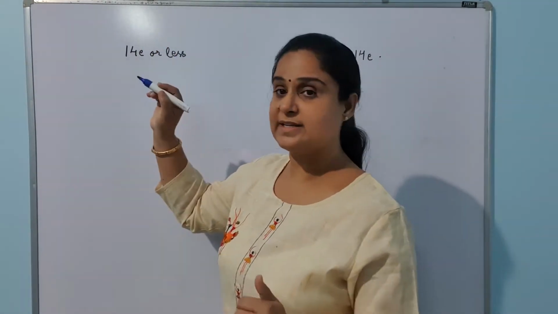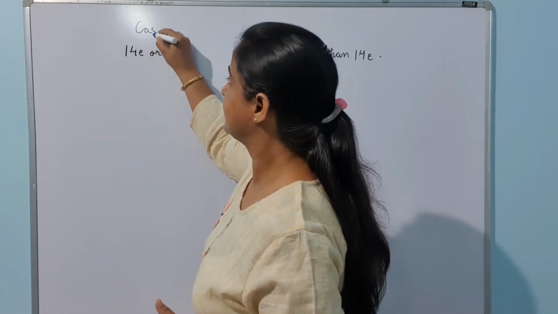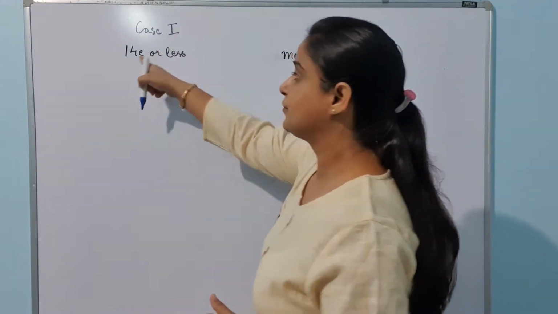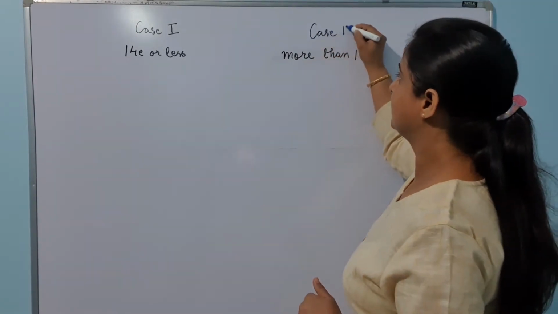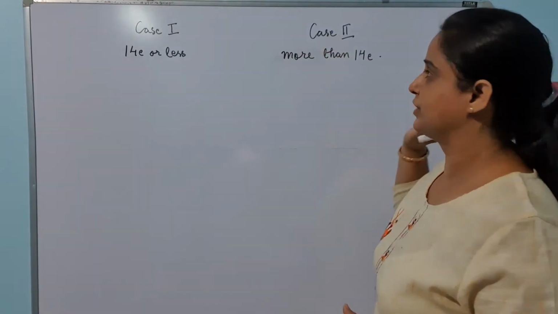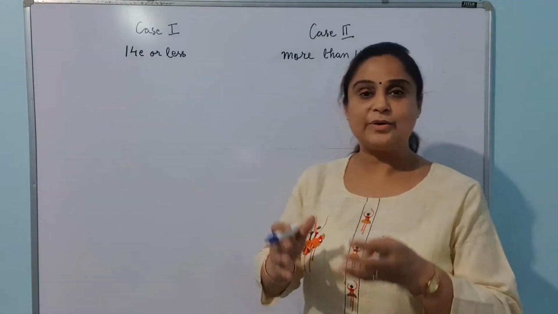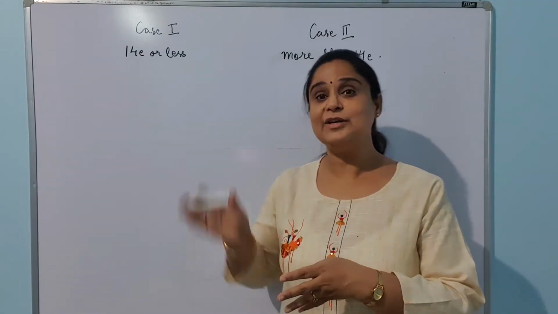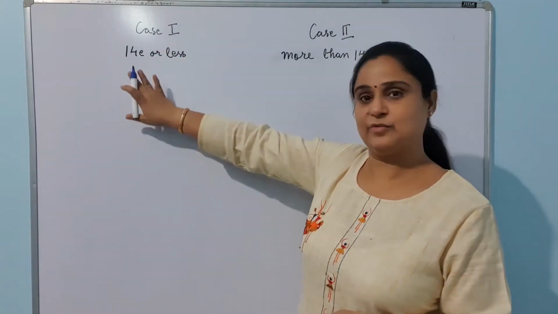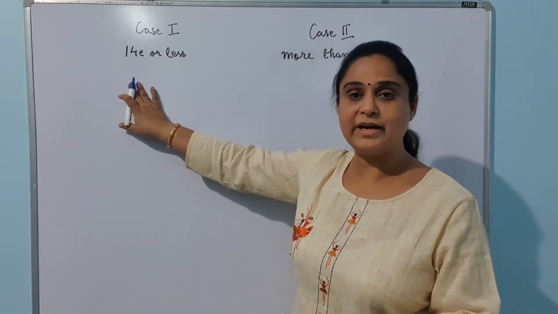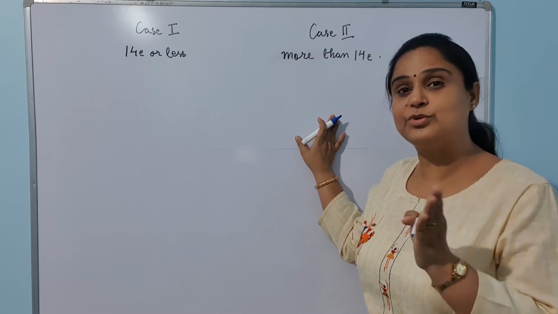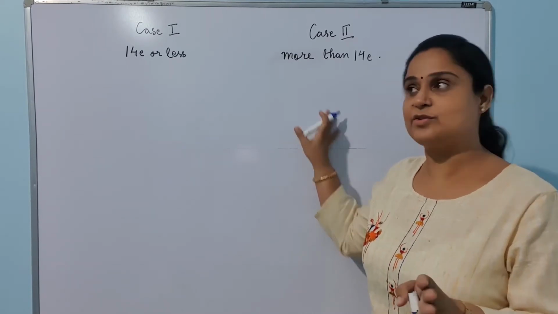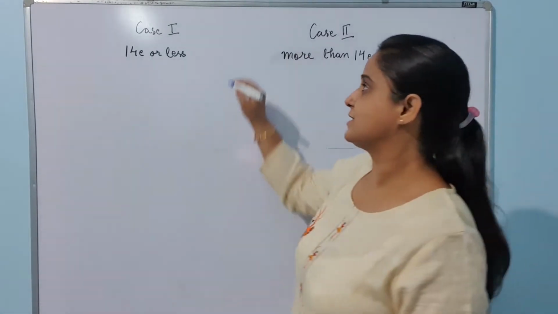So we have two cases here. Case 1, having 14 electrons or less, and case 2, having more than 14 electrons. Okay. So we are going to discuss the molecular orbital diagram in two categories. In the first case, 14 electrons and fewer, and in the second case, more than 14 electrons. So how are we going to sketch the diagram in these two types? Okay. So let's start with it.